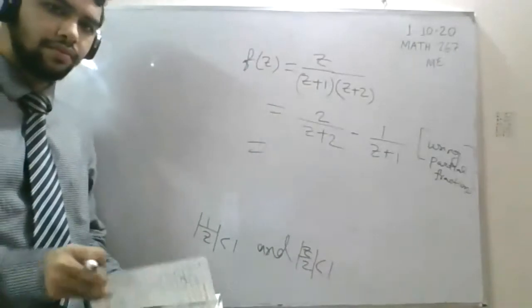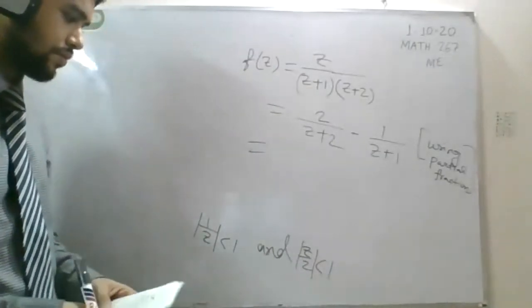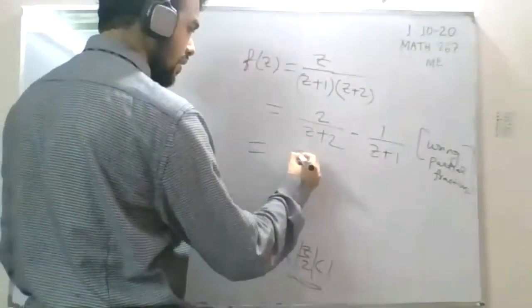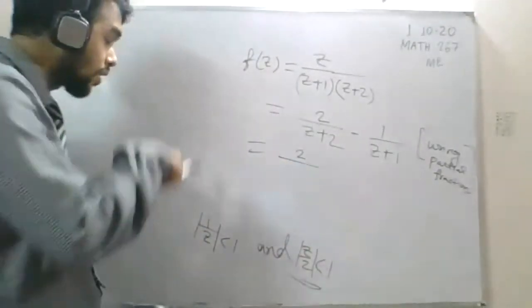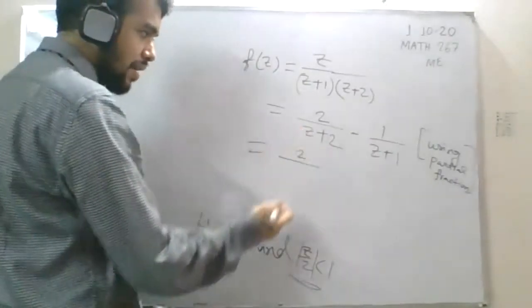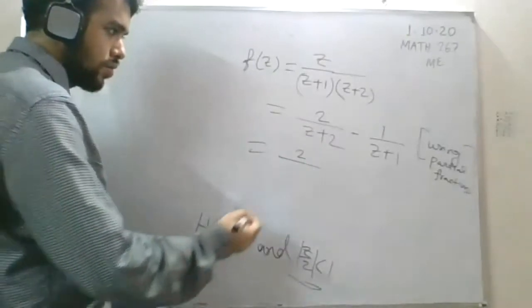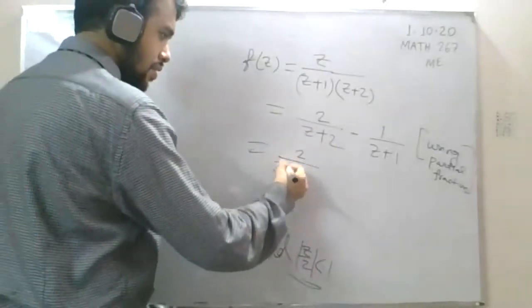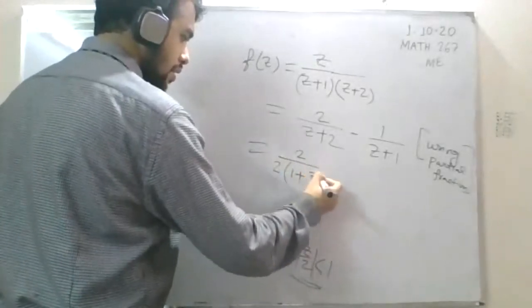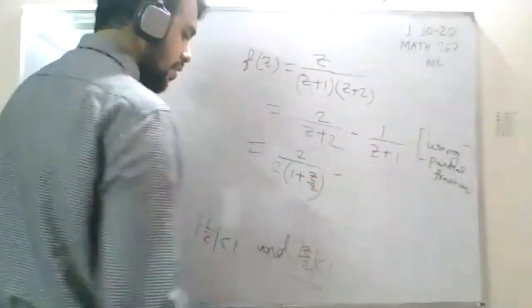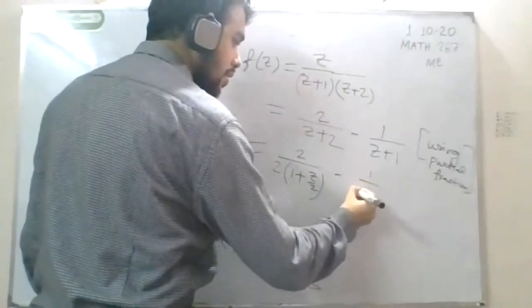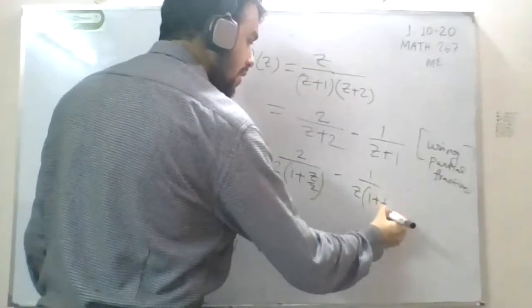Sir, we have to take common, since z is less than 1, then we have to do the Laurent series. So from here you can say that will be 1. Sir, if I take 2 common, then z by 2 comes. So this is 1 plus z by 2. And here, we have to take z common, sir: 1 plus 1 by z.